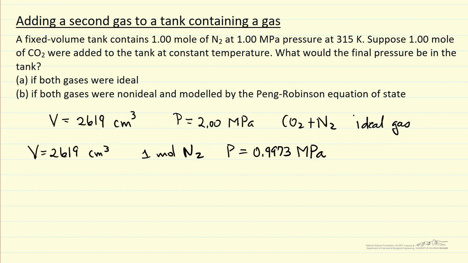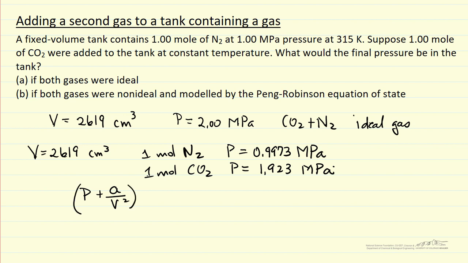Now, if we add 1 mole of CO2, keeping the volume and temperature the same, calculate the pressure. Well, 1.923 megapascals. The attractive interaction between molecules lowers the pressure in the system. And so if we were to look at, for example, just a simpler non-ideal gas, the van der Waals equation, pressure plus some constant related to attractive forces over the volume per mole.